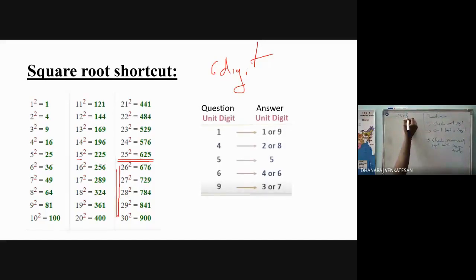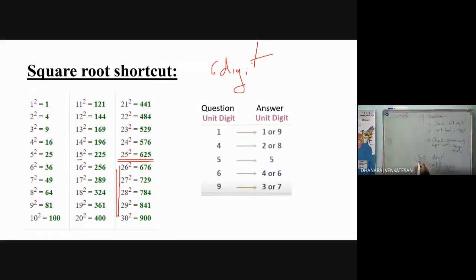Given that the unit digit is 6, before that I will tell you that all 4, 5, 6 digit numbers will have a square root of 2 digits. 4356 is a number, its square root will be a 2 digit number.